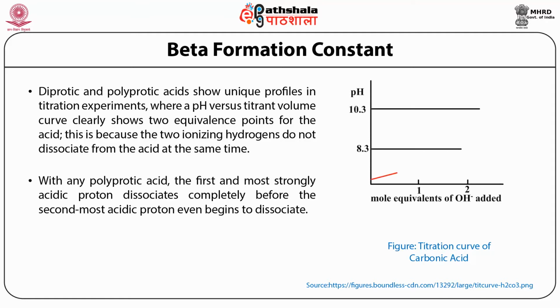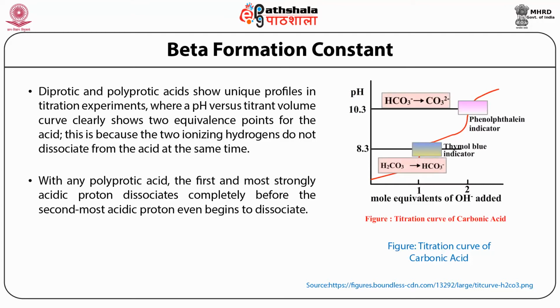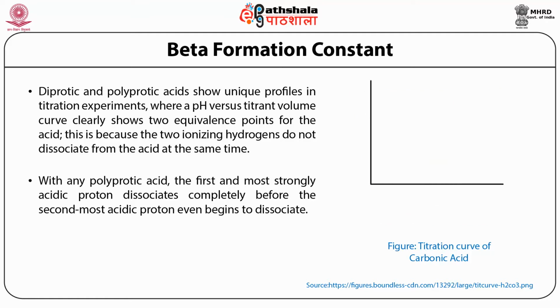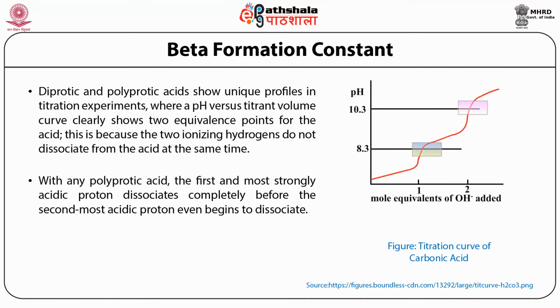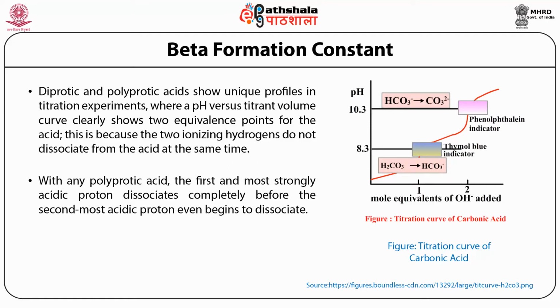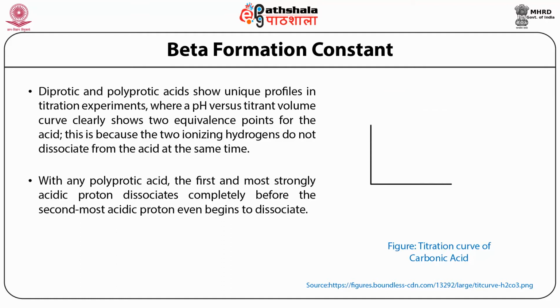In the second case, HCO3 anion gives a proton and CO3 2 anion is formed. These endpoints are recorded with the help of indicators. Thymol blue indicator gives a color change at the first endpoint, and at the second endpoint phenolphthalein indicator is used, which gives a color change.